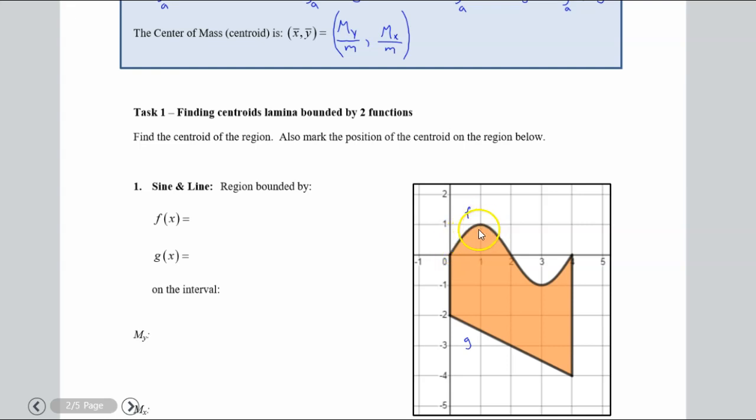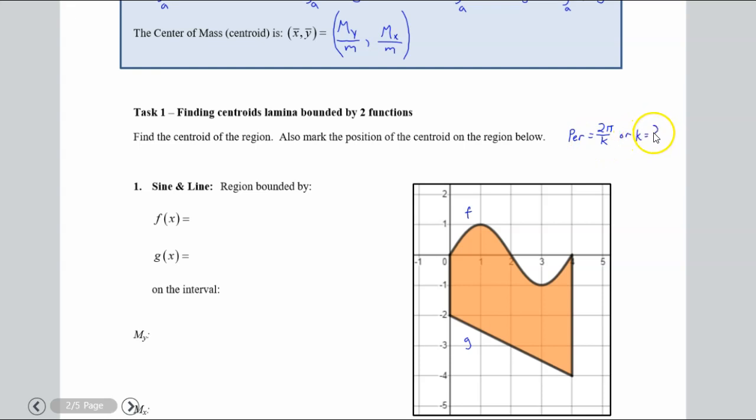No shift up or down, but you do have a period change: a period of 4 instead of 2 pi. So remember, you can always do something like this: period is 2 pi over k, where k is the number in front of your x, basically inside the sine function, or you can swap these.